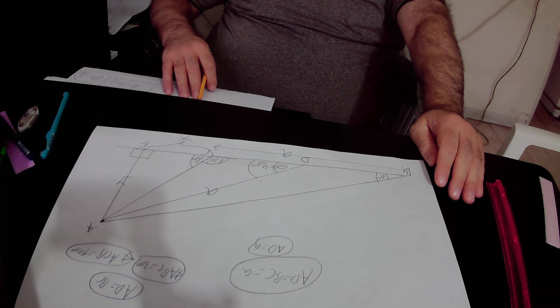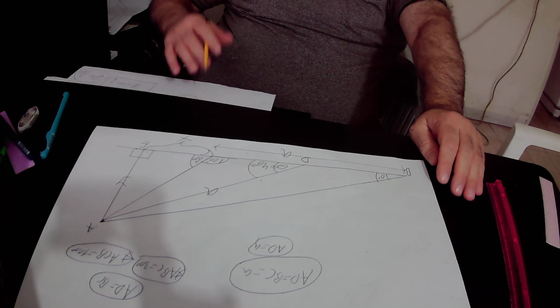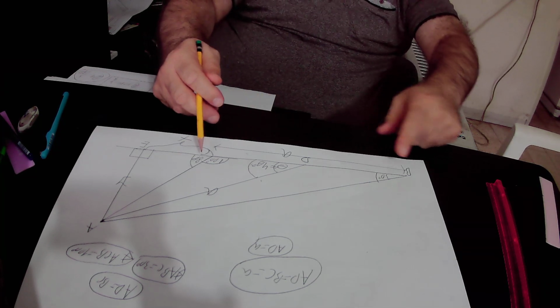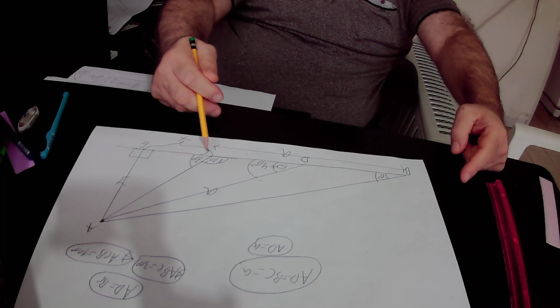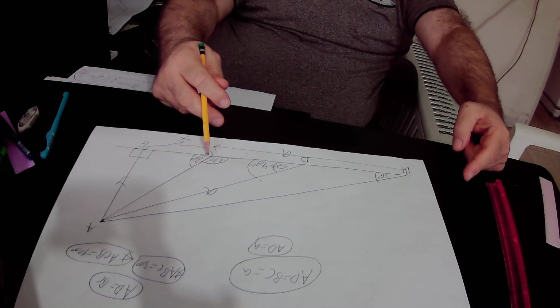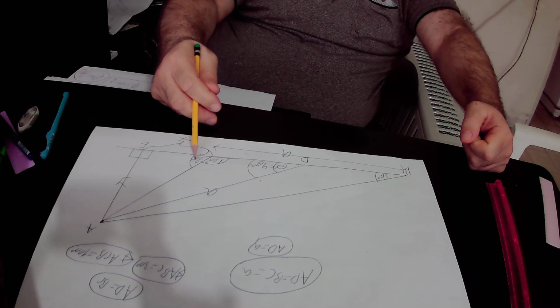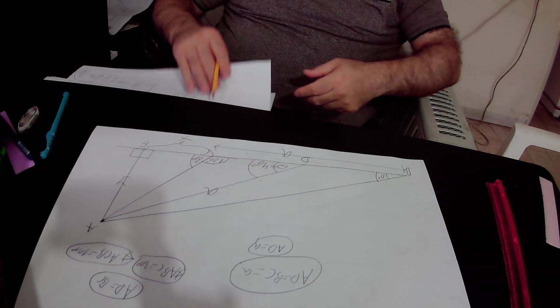The sum of the angles on one side of a straight line must equal 180 degrees. So if we focus on the upper side of the straight line BE at point C, 100 degrees plus this angle, angle Y, must equal 180 degrees.